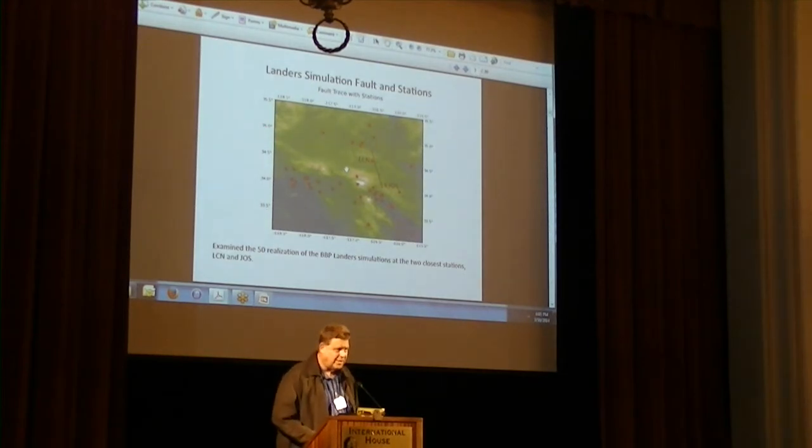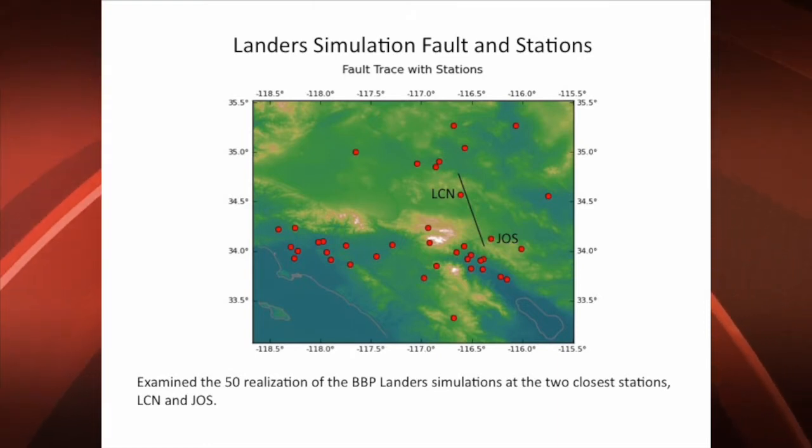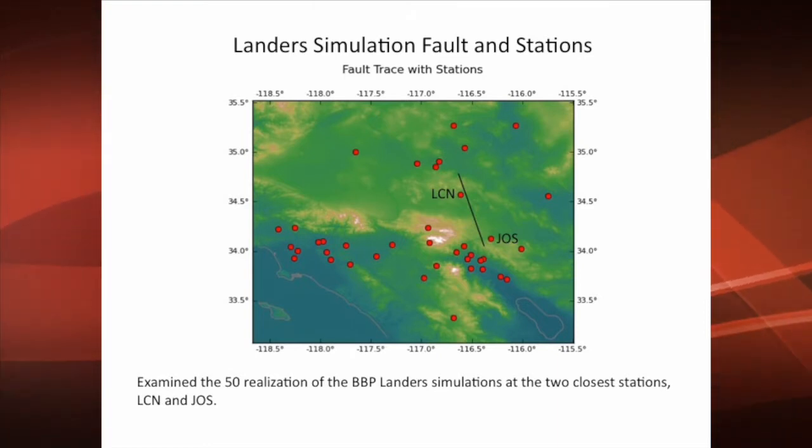These are two stations within about six or 7 kilometers of the fault, at opposite ends of the fault. These were the broadband platform validation exercises, so they have the same hypocenter. The hypocenter wasn't randomized in this case, so there is a directivity effect.